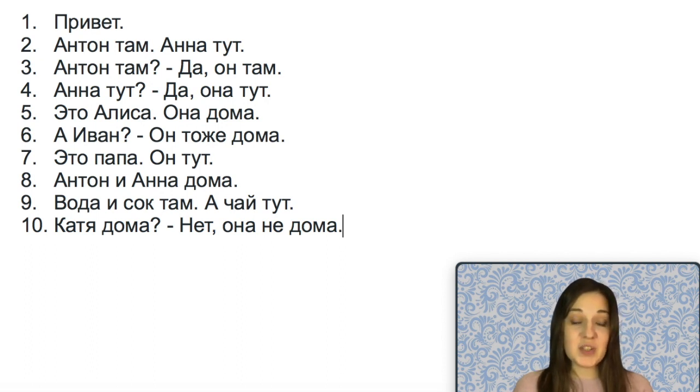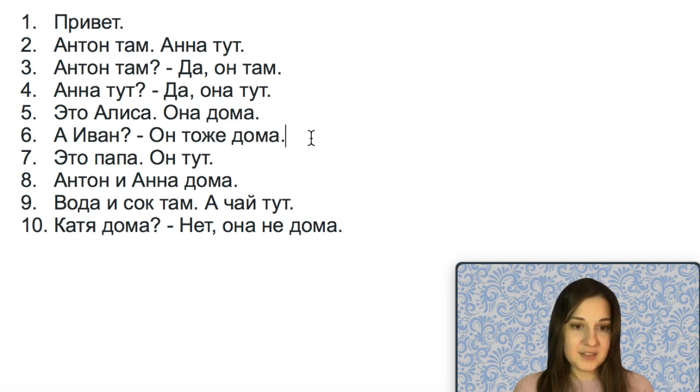Now let's repeat all the sentences. Привет. Антон там, Анна тут. Антон там? Да, он там. Анна тут? Да, она тут. Это Алиса, она дома.